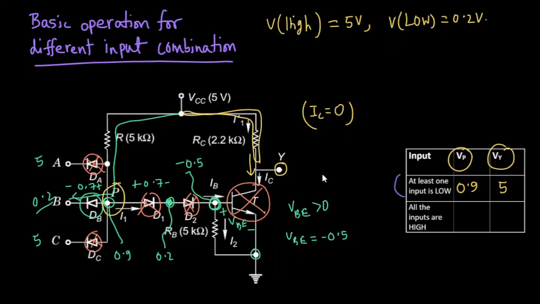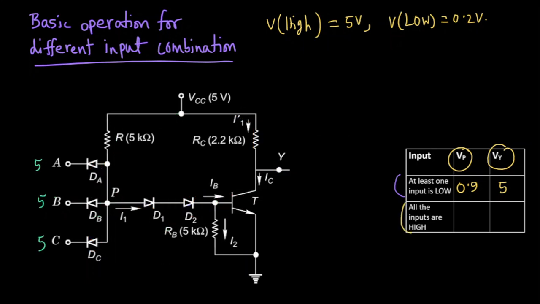Now we will consider the case when all the inputs are high. Now all the inputs are high, so the node voltage of all the inputs are 5 volt, and using our previous argument we can show that the diode DA, the diode DB, and the diode DC will be off.